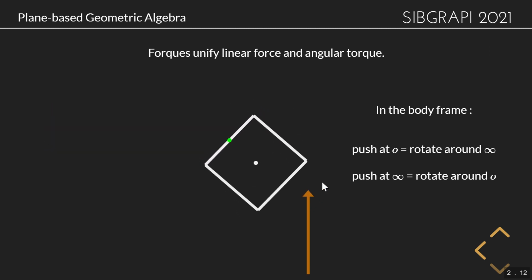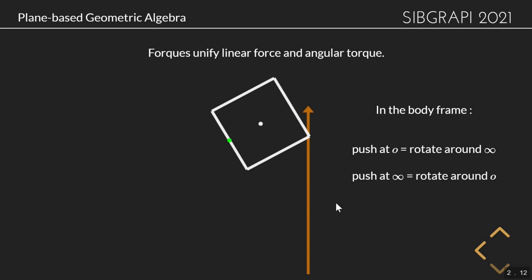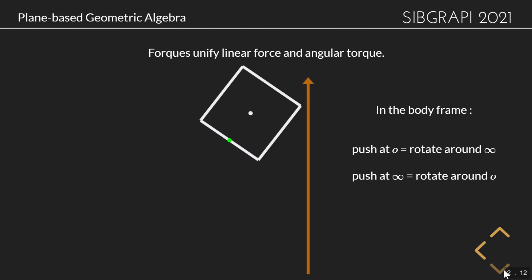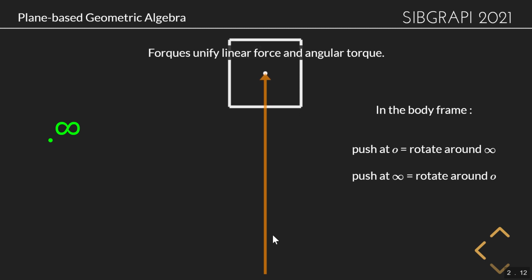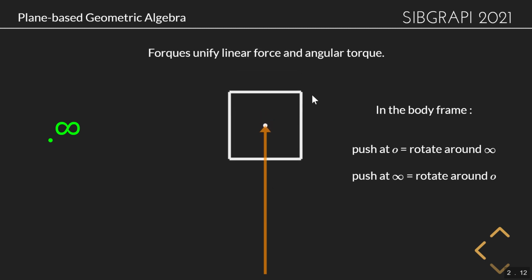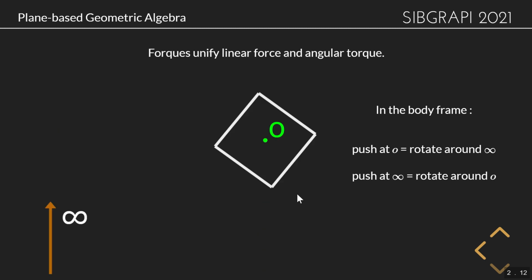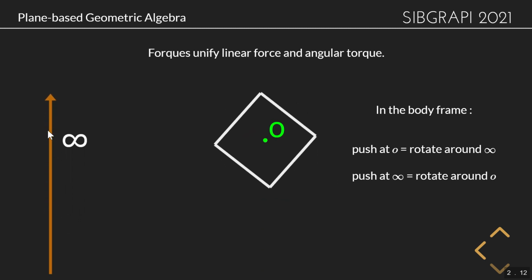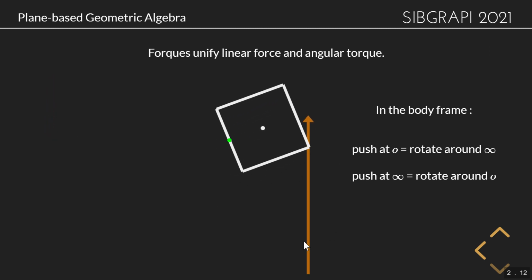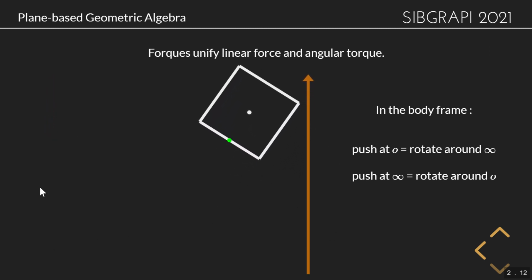If we push it at an arbitrary point, we cause a little bit of a combination of both. But what's important here is to note that these forces that are causing these motions, both the translations as well as the rotations, are always just forces along lines, right? So we don't need a force couple to generate a rotation, we just need to push at infinity.